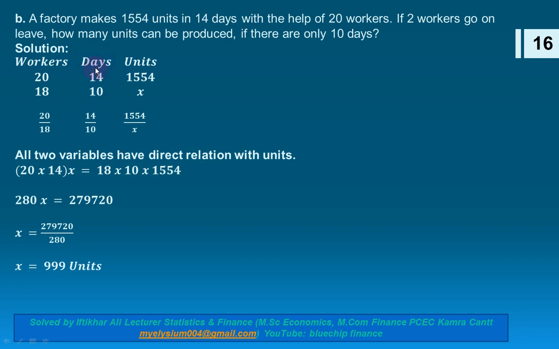If there are more days, we can produce more units. So once again it is a positive relation, 14 by 10 and 1554 divided by x. And we simply do 20 multiplied by 14 multiplied by x, and 18 multiplied by 10 multiplied by 1554. After the calculation, the result is 999 units.